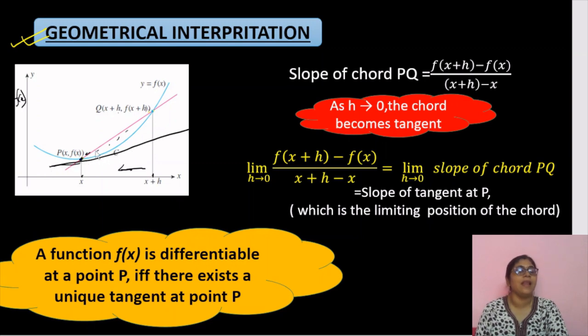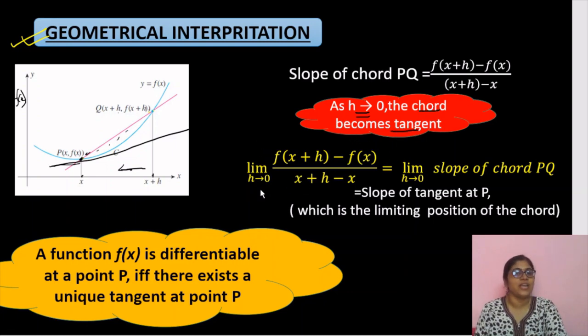So it will represent, or it will be, a tangent at point P when Q comes nearer to P. So we can say when h tends to 0, the chord becomes the tangent.